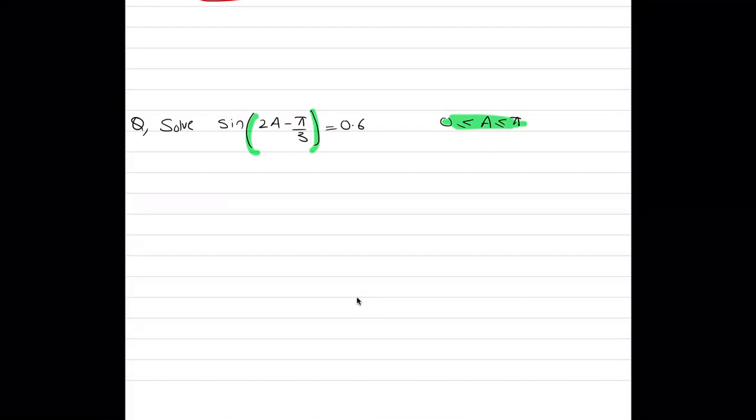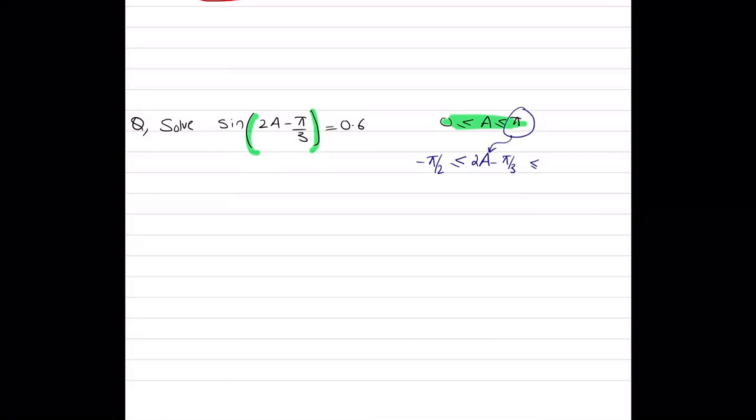So the minimum would be minus pi by 3, right? The minimum for 2a minus pi by 3, for the range, is minus pi by 3. I'm confused on how to get the maximum. For the maximum, you plug in pi in place of a.